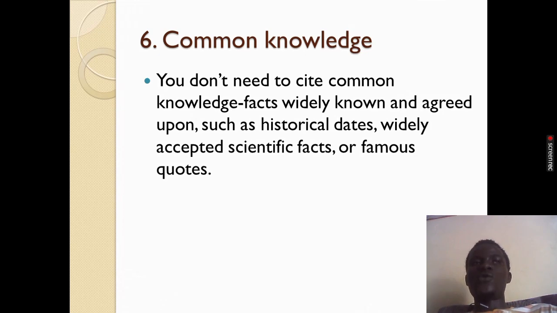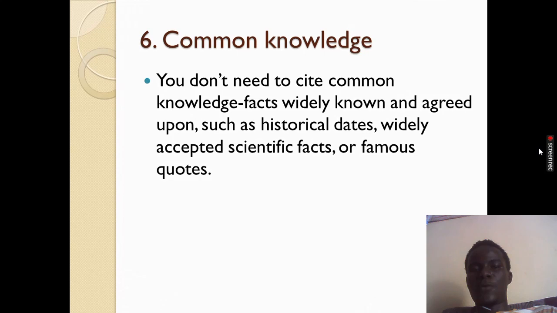For example, the capital city of a nation, especially if you are writing the document from that particular country, you can just say Kampala. You don't need to cite where you got that from. Maybe you can just literally say the moon is white. You don't need to cite that you got the information from NASA.